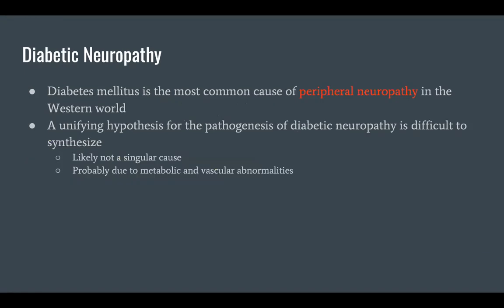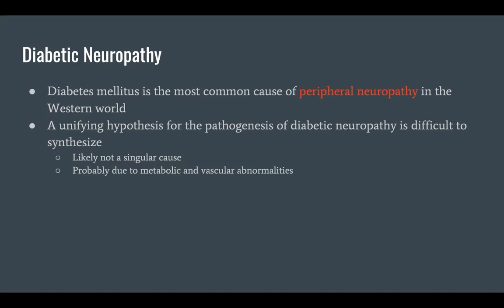So I went ahead and threw in diabetic neuropathy, even though it's covered later in the lecture. It's the most common cause, and he kind of just brushes past it, but it's good to know because on clinicals this is what you're going to see most often when you face neuropathy, not some of these random ones that you'll probably never see.